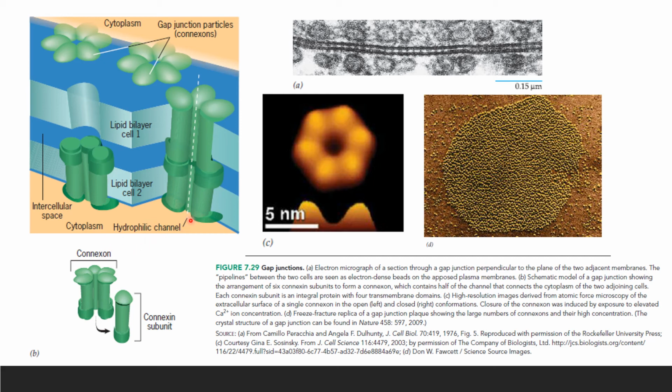And then you have these hydrophilic channels. And then, of course, the connexon is composed of connexin subunits. Okay, so these gap junctions would actually remind you of flour donuts, if you're familiar with them, because they look like those.